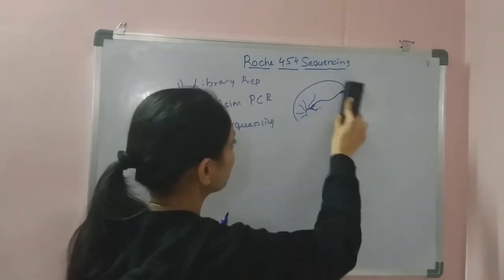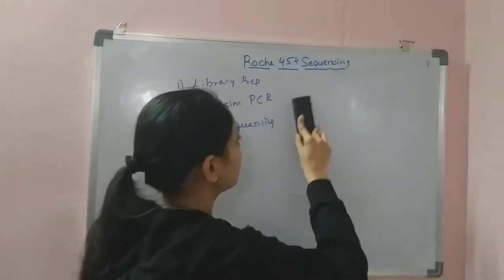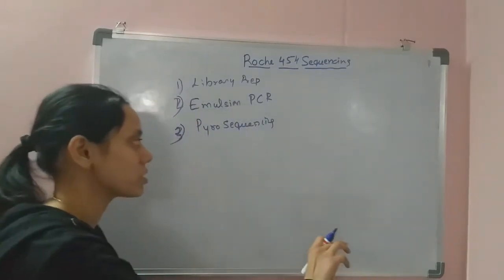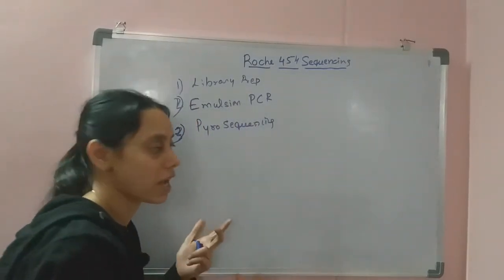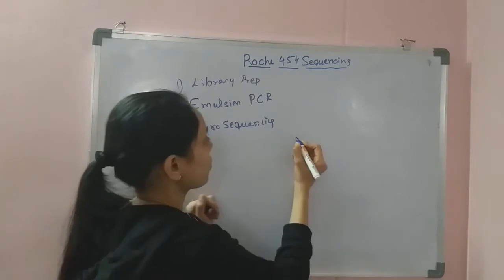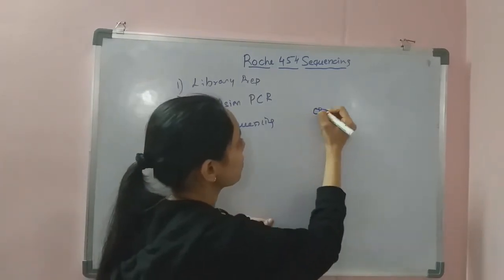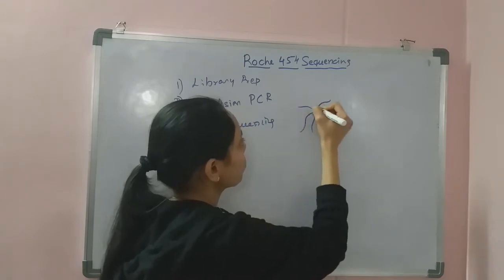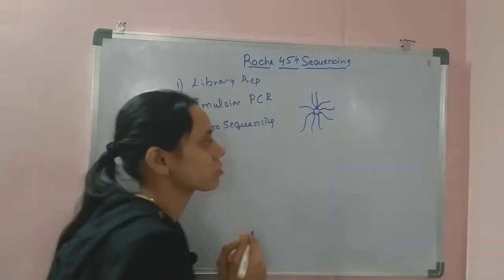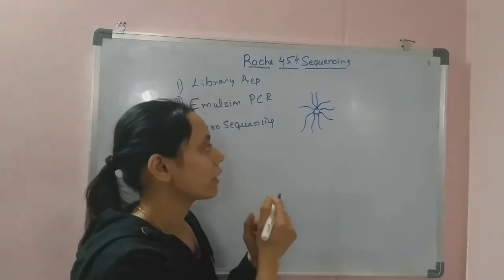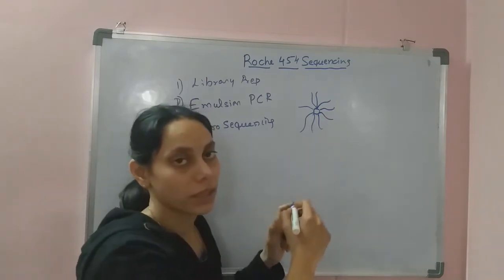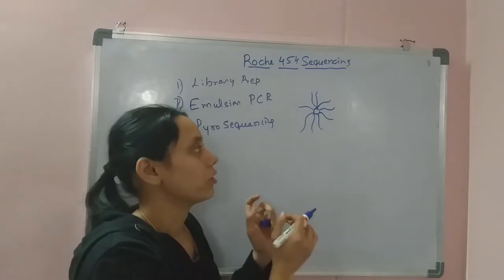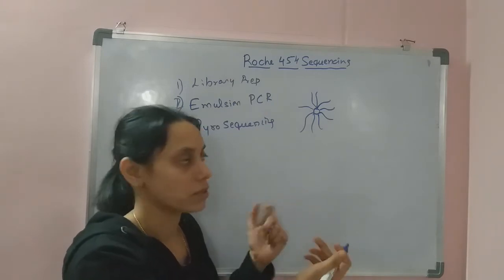In the following step, these beads are allowed for the sequencing. Once this PCR amplification is carried out, these PCR products, that means the beads coated with the single strands, are allowed to be sequenced. Here all these copies that are amplified will be attached to the same bead on which the template is present.